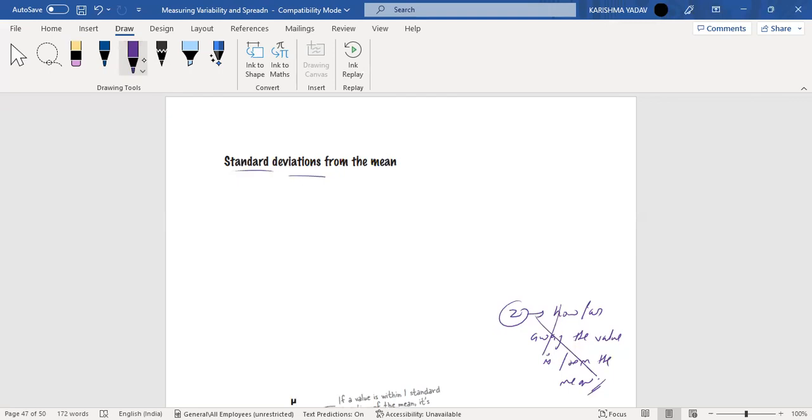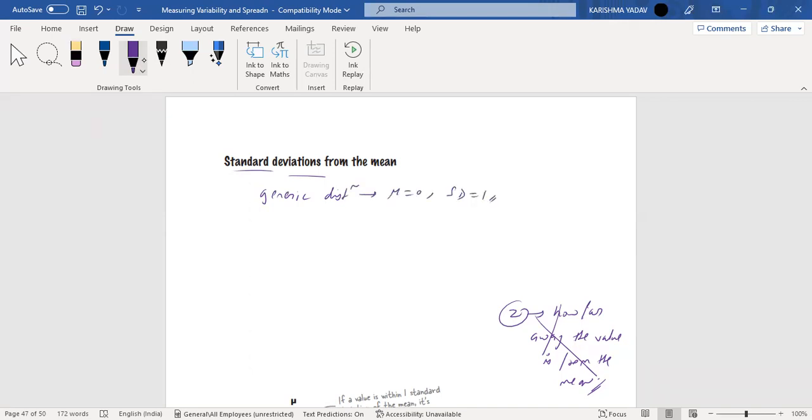We have seen that using z scores transforms your data into a generic distribution which has a mean of 0 and a standard deviation of 1.